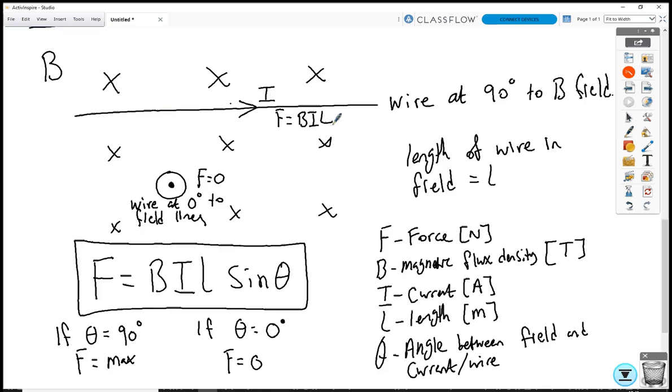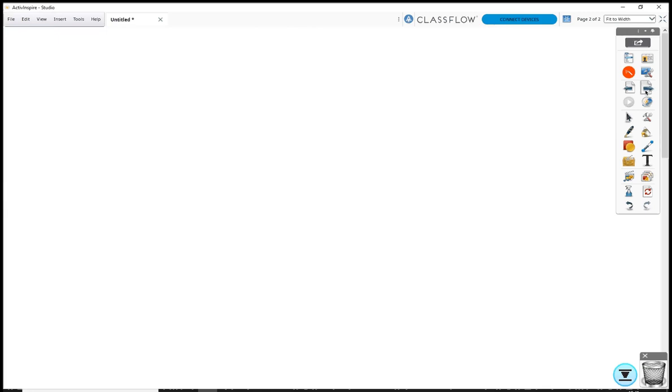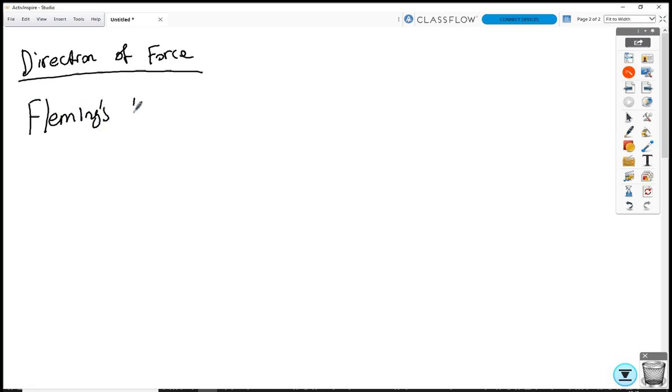Okay, now, part of this, you're going to have to determine which direction the force is going to be. Direction of force. For this we use Fleming's left-hand rule, which is also called the motor effect. So you need to hold your thumb pointing upwards.